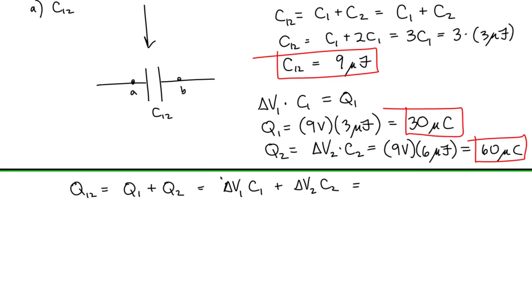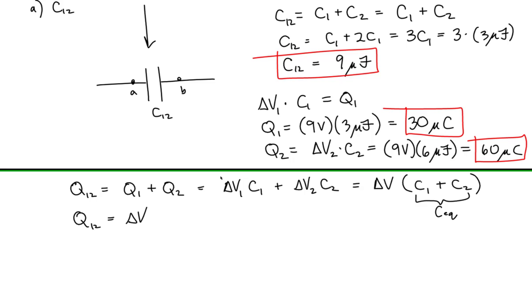Well, we know the potential difference across capacitor 1 and across capacitor 2 is the same because they're in parallel. So this means that the equivalent charge is equal to the product of the potential difference times the equivalent capacitance, which we already knew because we know that Q equals CV.